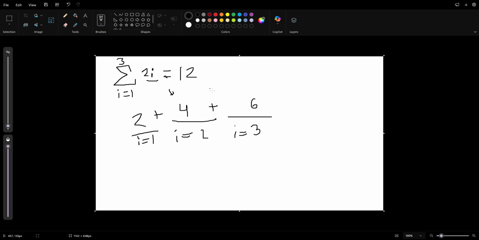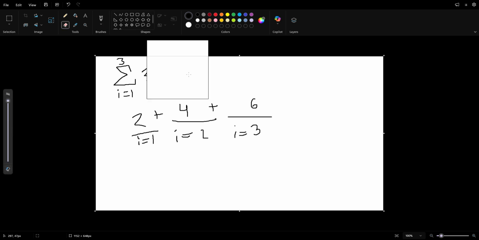Now, you might be thinking, how might we do this in the shortcut method? There are multiple ways we could attempt this. First off, let me erase some of this.